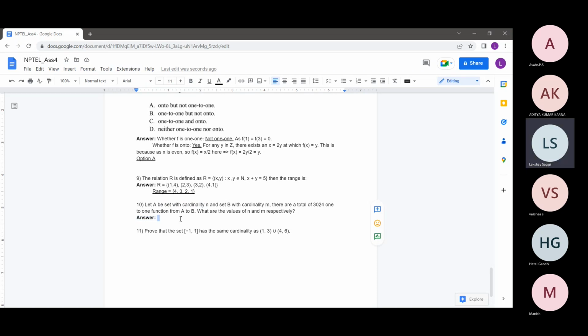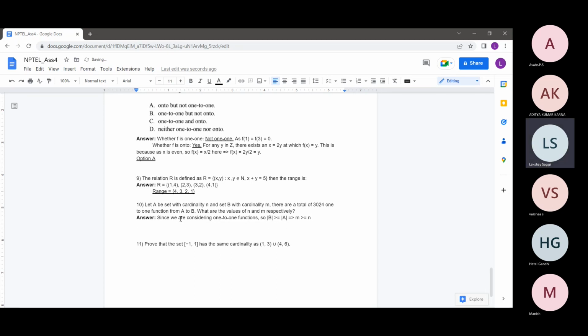So just typing that observation here. Since we are considering one-to-one functions, the cardinality of B should be greater than or equal to the cardinality of A, which means that m is greater than or equal to n here, right?